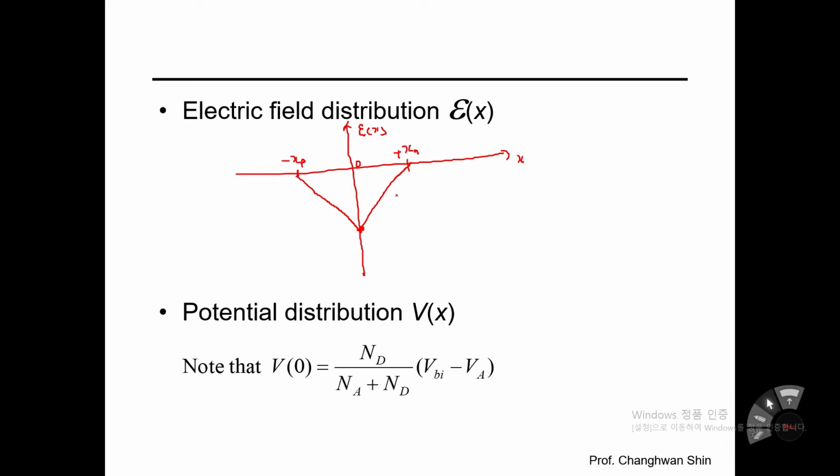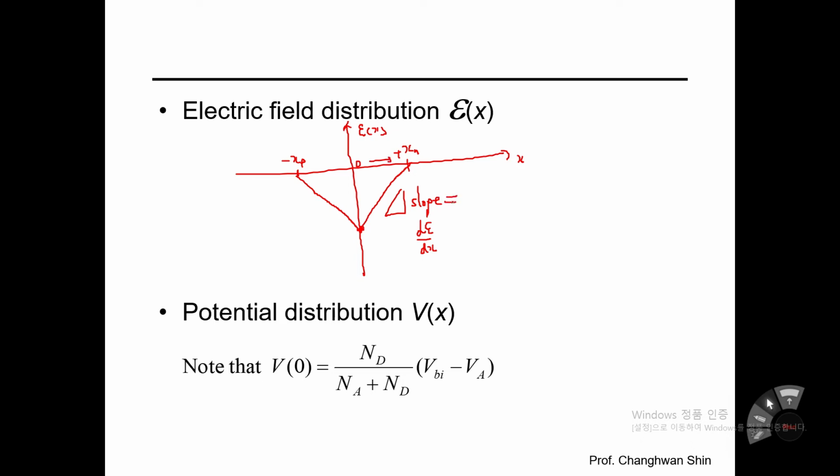And herein, because we are doing the quantitative analysis for the PN diode, let's think about the physical meaning of the slope, I mean dE/dx. Okay, how sensitively the electric field intensity varies as a function of x. Okay, in the N side.